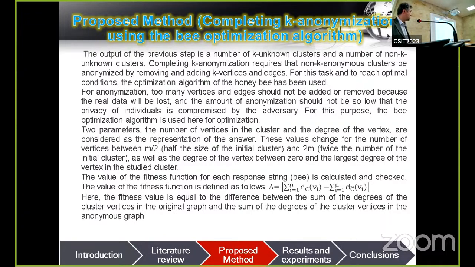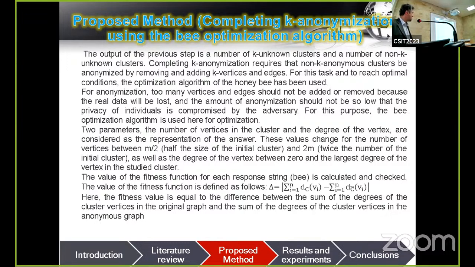For this task, to reach the optimal condition, the honeybee optimization algorithm has been used. For anonymization, too many vertices and edges should not be added or removed because the real data will be lost, and the amount of anonymization should not be so low that the privacy of individuals is compromised by an adversary.